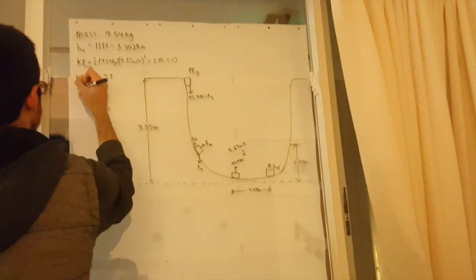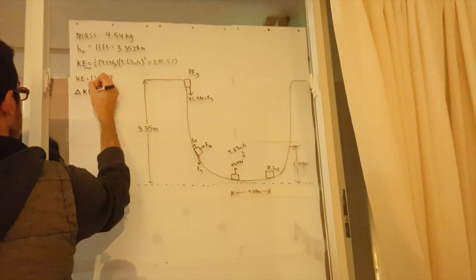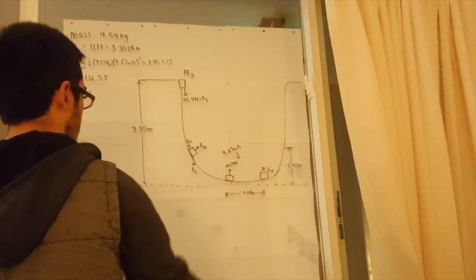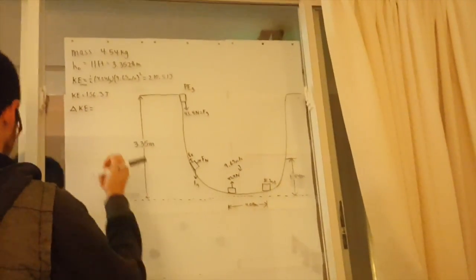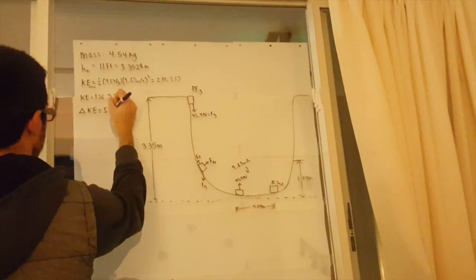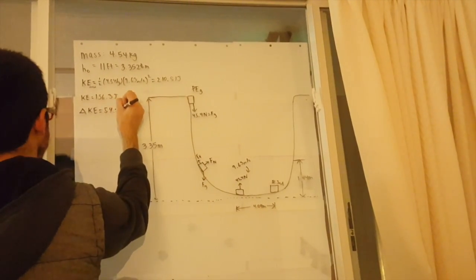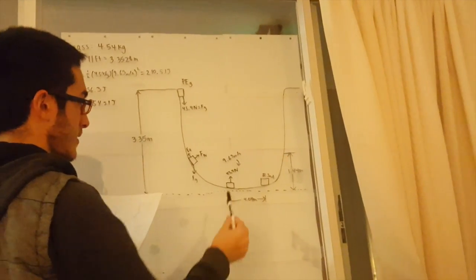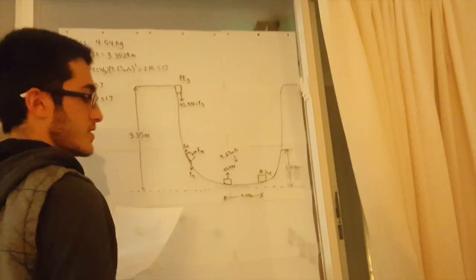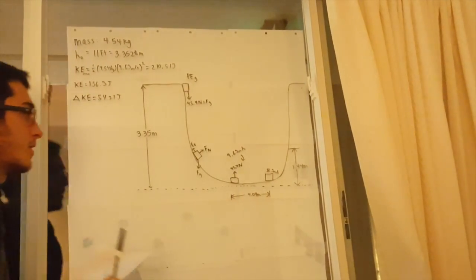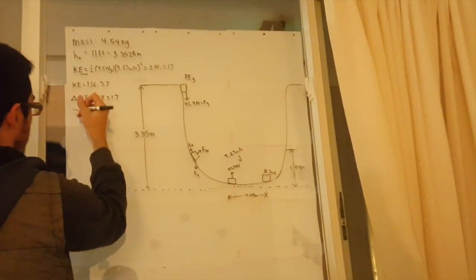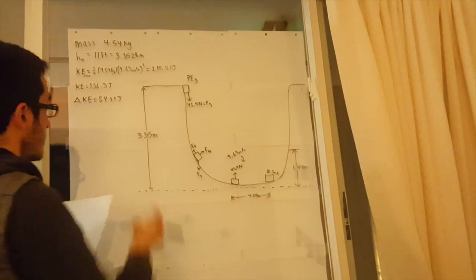And so to take the change in kinetic energy from there, it is 54.21 joules. And so you know that that is the energy that's lost from the force of friction. So that's the work of friction.